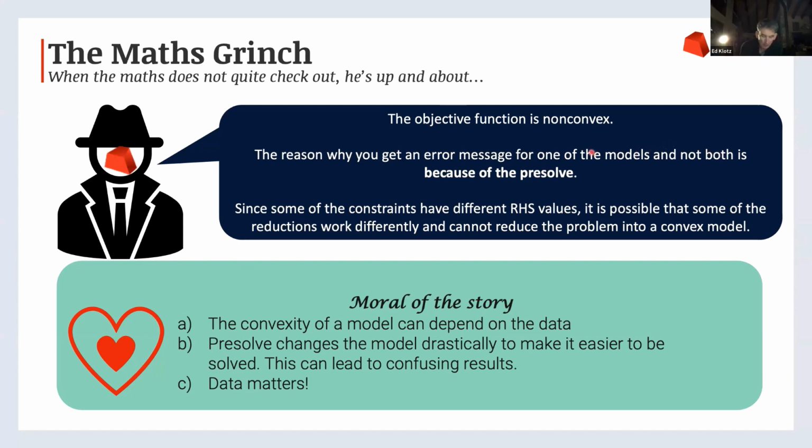Ed? Okay, so all I want to add on the data matters side is to elaborate a little bit about one specific way where that's in play, which is problem modifications that tighten the model are fundamentally different from problem modifications that loosen the model. And that applies here in particular with the impact on pre-solve.